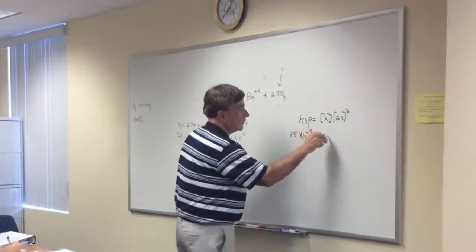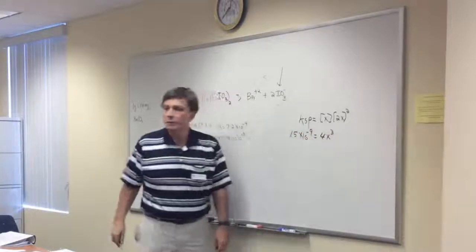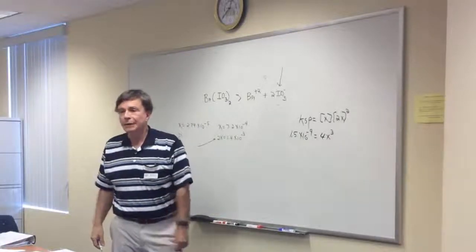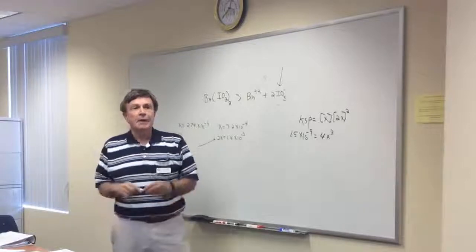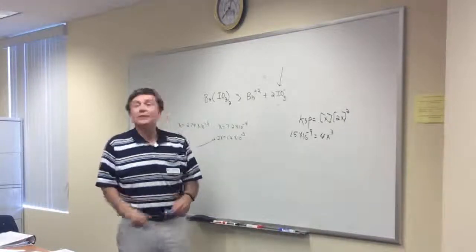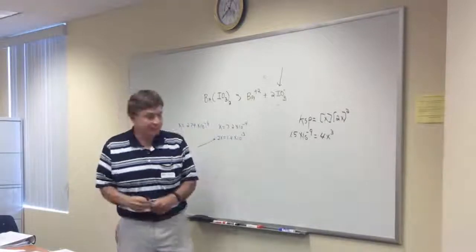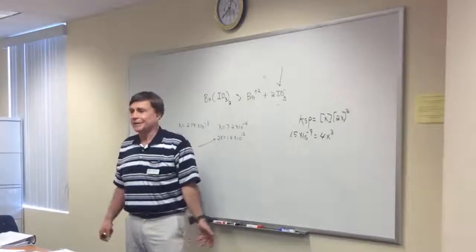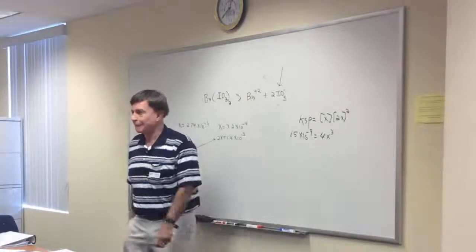And we know this is 4x cubed. How do we know Ksp is 1.5? It's given. We're doing 16. Oh, I was looking at 17. That's why I was confused. Okay, good enough. Then you know how to do this, because I know you know how to do it. I just kept looking at you and saying, come on, you did the last one.